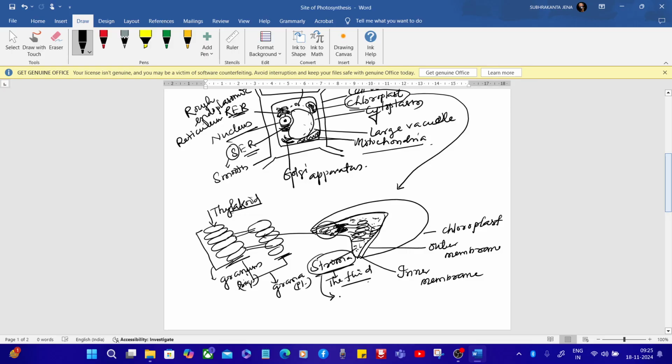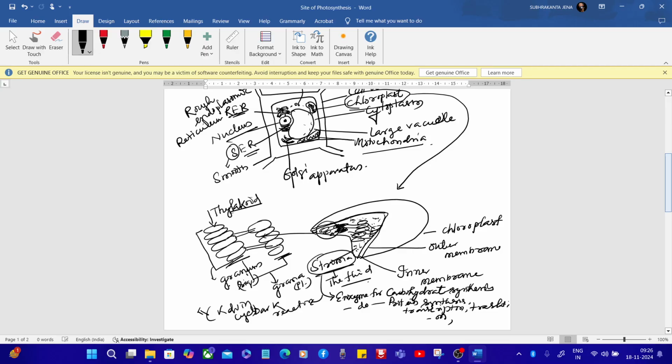So it contains enzymes for carbohydrate synthesis, also enzymes for protein synthesis, transcription, translation, and also for the dark reaction, which we'll discuss later, the Calvin cycle.